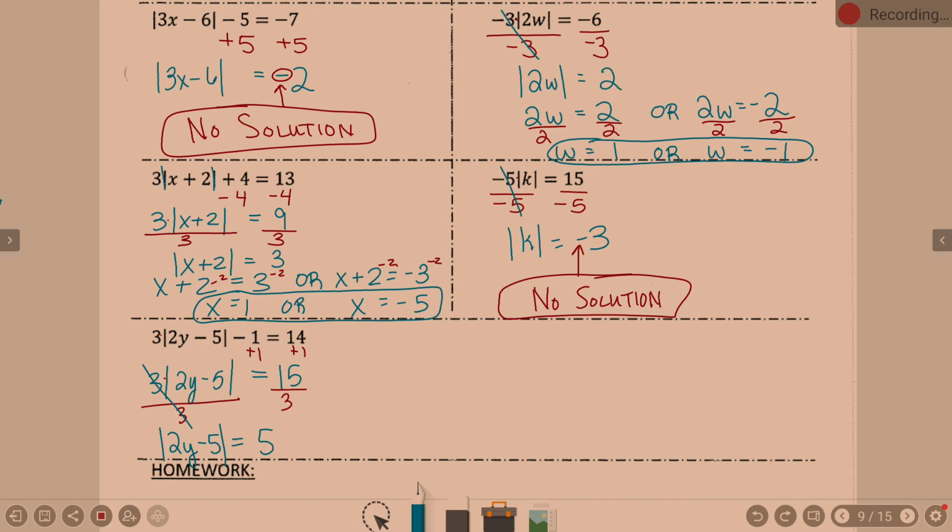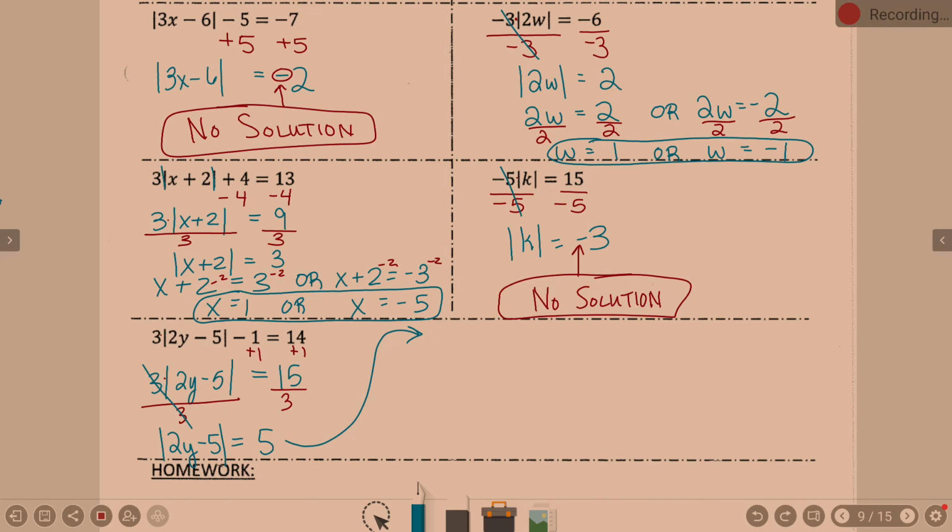Is my absolute value by itself? Yes, it's the only thing on the left side, and it equals a number on the right. Once absolute value is by itself, what are we supposed to do? We're going to set up two equations.